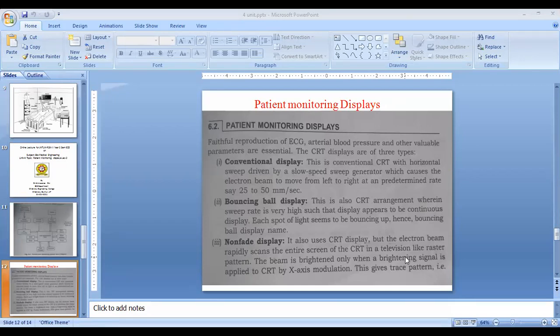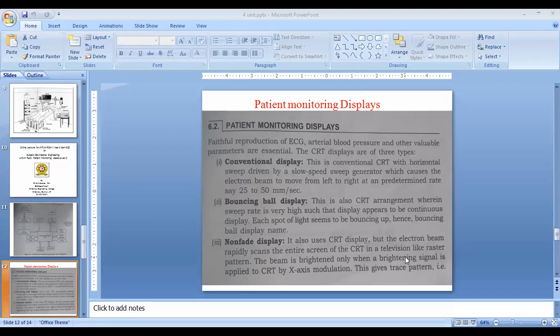That signal is able to produce high intensity and sharpness of the light. Like that we can use non-fade displays.